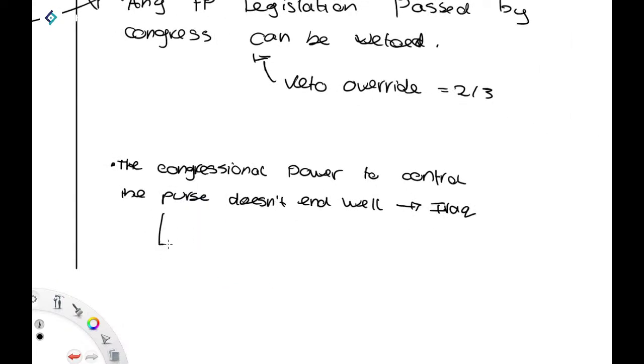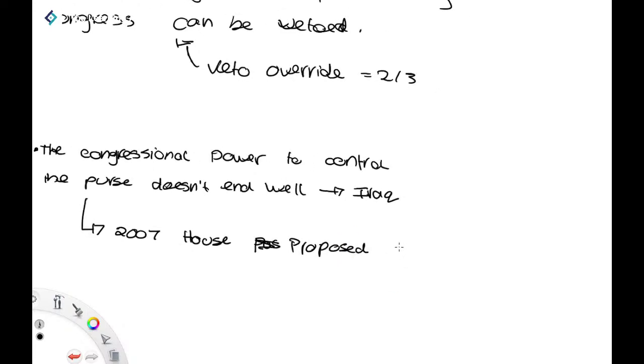So in 2007, the House proposed legislation limiting finance in order to basically put a time frame on the war in Iraq.